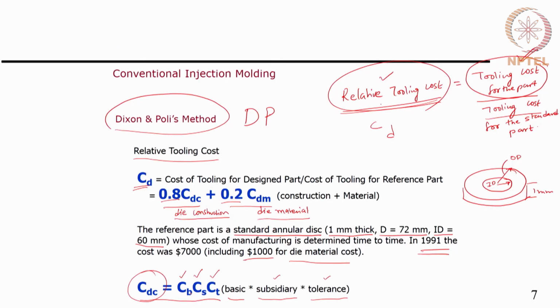The basic cost is decided based on the mold size and the cavity features. The subsidiary cost may be decided based on the number of features that need to be machined in the cavity, and the tolerance cost comes from the kind of finish we are looking at on the part, whether additional finishing processes like diamond buffing are required.